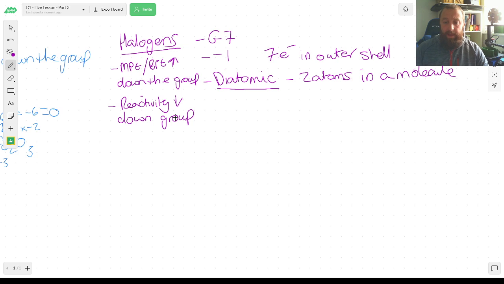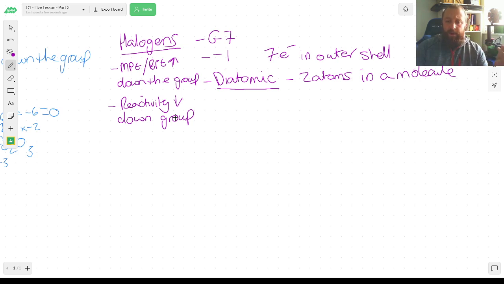If we look at fluorine, you won't get a chance to work with fluorine in school. It is way too reactive, way too dangerous, highly toxic. And it's not something you'll come across in school, and probably not even in college. Maybe if you're looking at chemistry at degree level, then you would. But you can still talk about the properties of it, because if you know the trends of the rest of the halogens, then you can translate that and carry that through into fluorine.